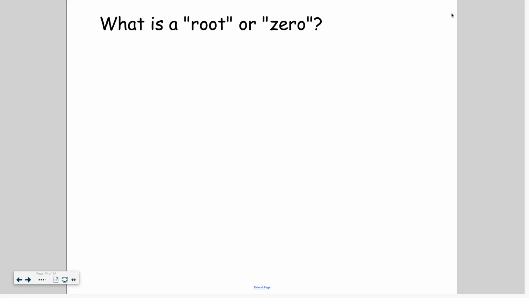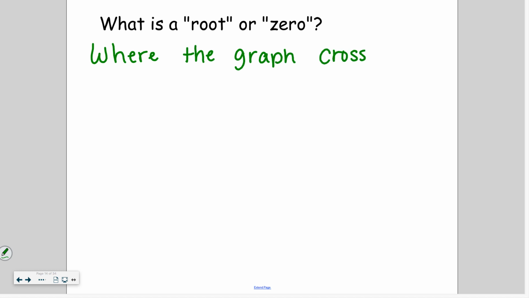So first of all, what is a root, or what is a zero? All those are where our graph crosses the x-axis.